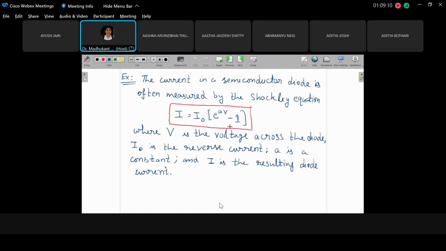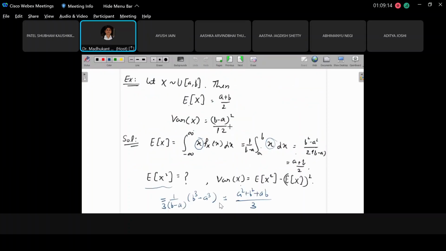Sir, I don't understand the last step you did, that b cube minus a cube upon 3 upon b minus a. No, what is the x square integration? I don't know whether you have picked up the pen and paper or not.